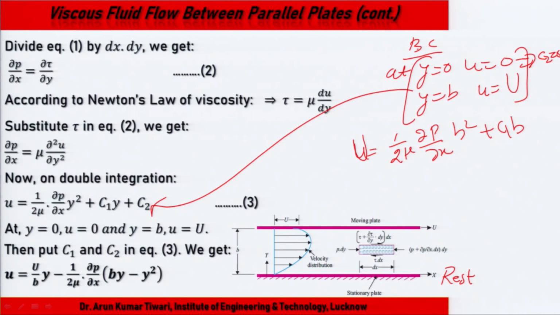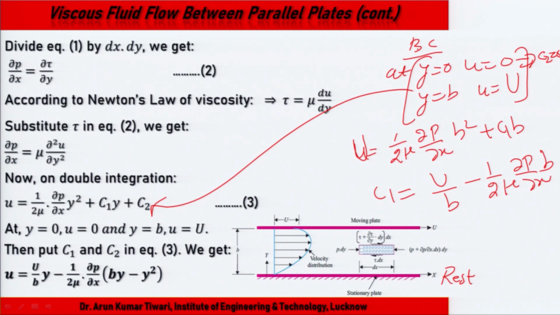So, what is C 1? C 1 is capital U upon b minus 1 upon 2 mu del p upon del x into b.